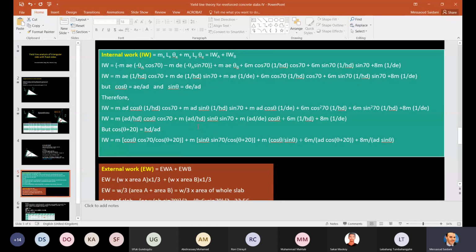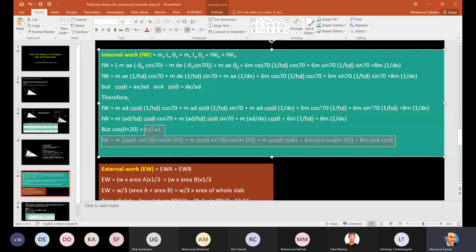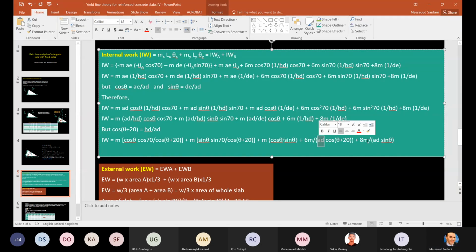So then I substituted again into the equation here, which gave me this equation for the internal work. The only problem I have here is that I don't know AD, and I can't express it in simple terms like this here.